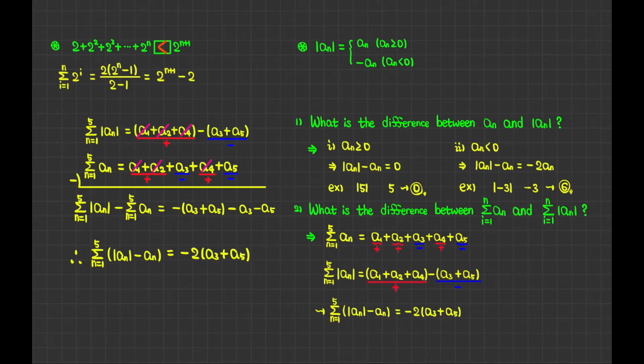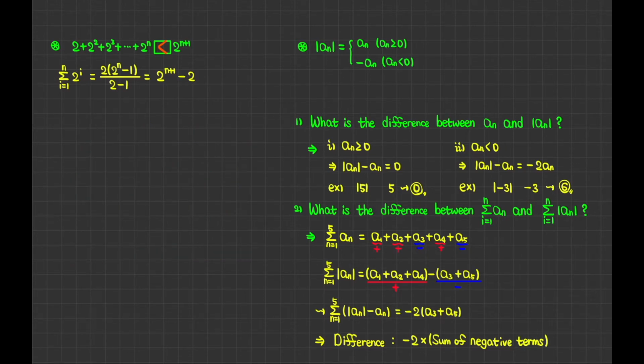So what's the difference? The difference is, let me write it down here, minus double, multiplied by the sum of the negative terms. Okay, so this is our crucial concept, a really crucial conclusion.